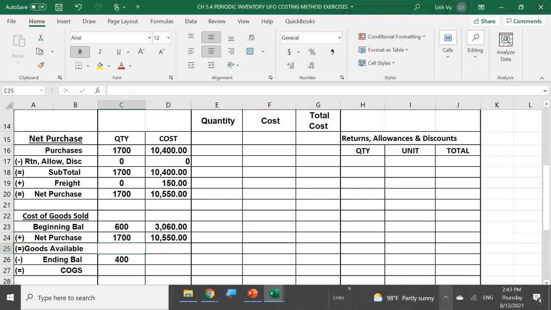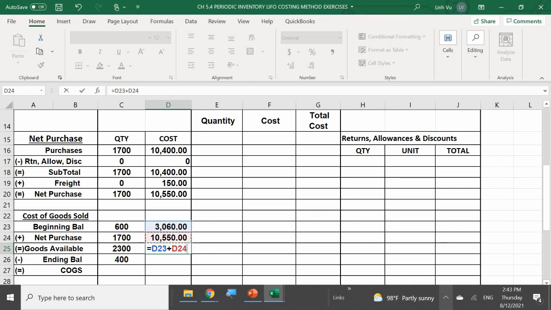Therefore, we need to calculate our grand total amount of units available to sell, so we're going to add them together. I should have a total quantity of 2,300 at a total cost of goods available of 13,610.